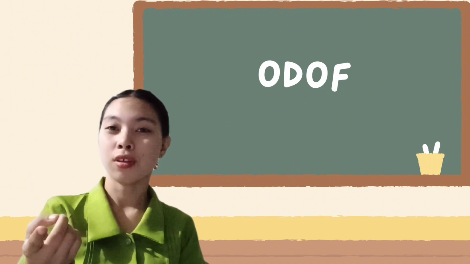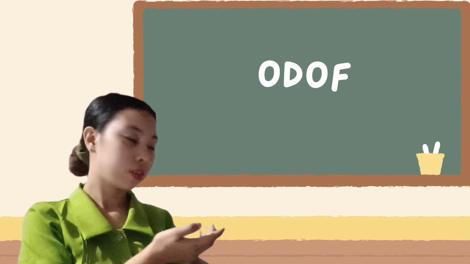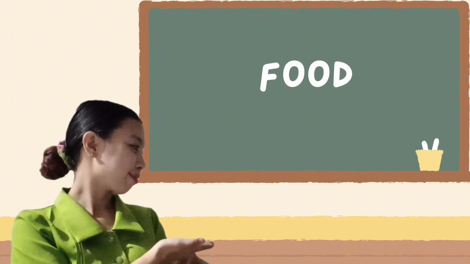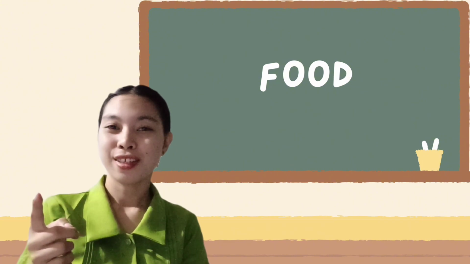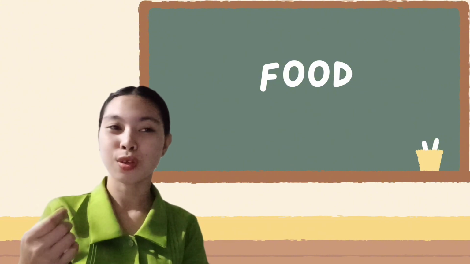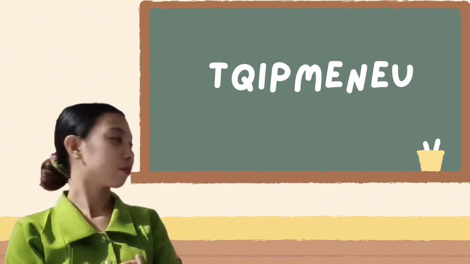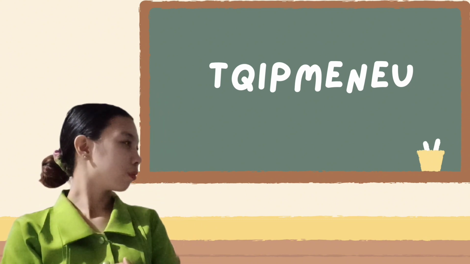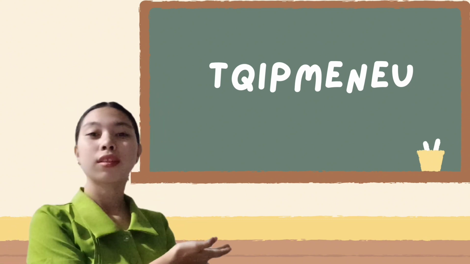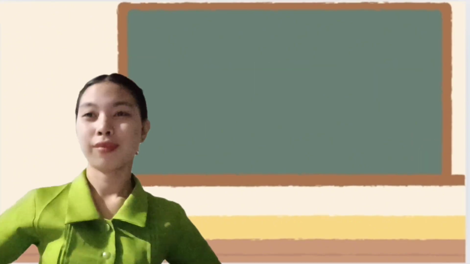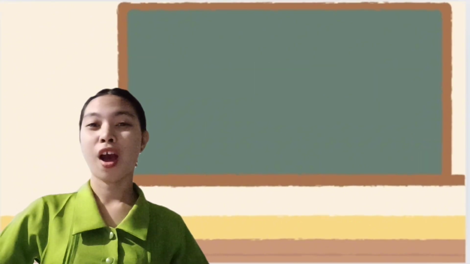Yes, Mr. Genyoso. Food. Let's see. You got it right. So we have here the last one. Okay, Miss Alvero. Equipment. So you are right. So we are done with our motivation.